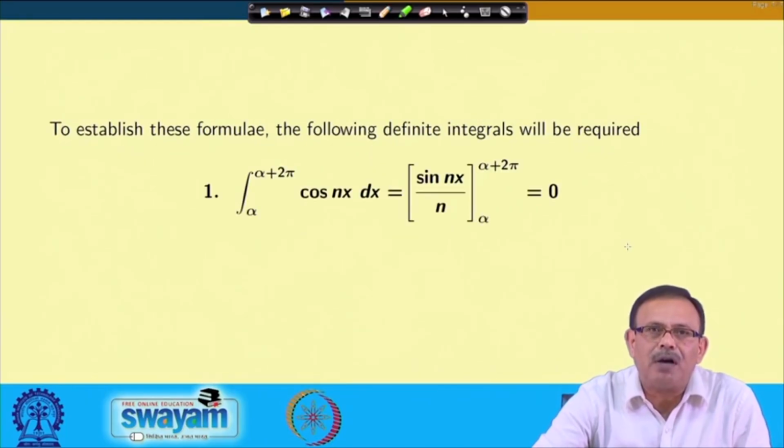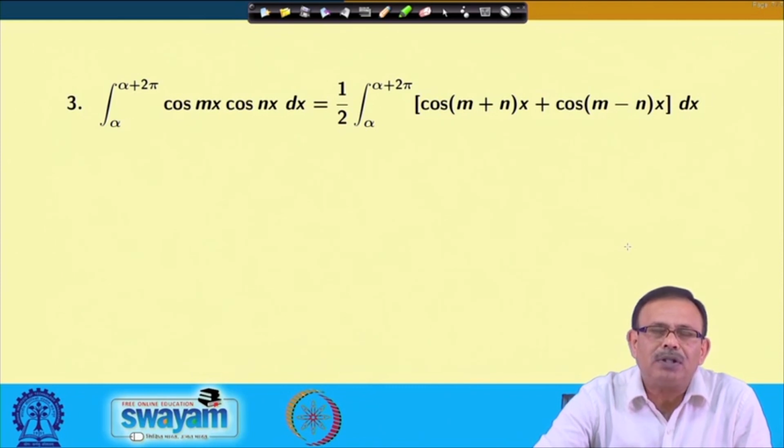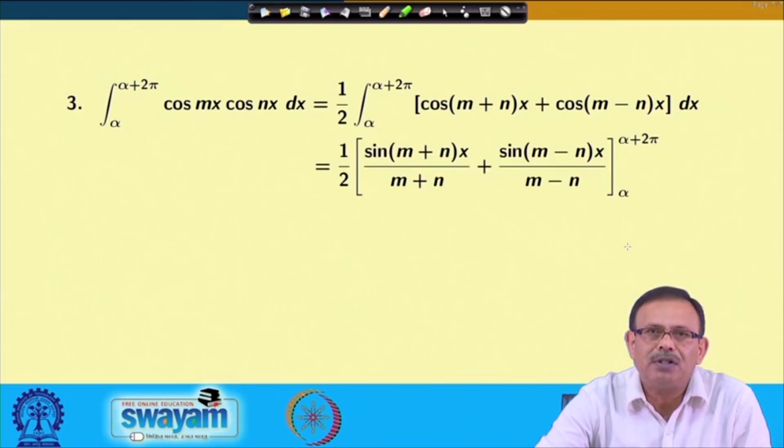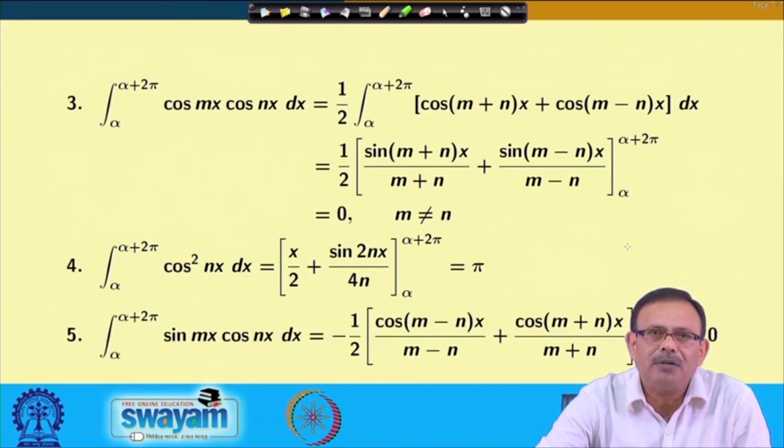To establish the formula, as we have told: the integral from alpha to alpha plus 2 pi of cos nx dx equals 0, and the integral of sin nx dx is equal to 0. Number 3, the integral of cos mx cos nx dx is equal to 0 when m is not equal to n. The integral of cos square nx dx equals pi.